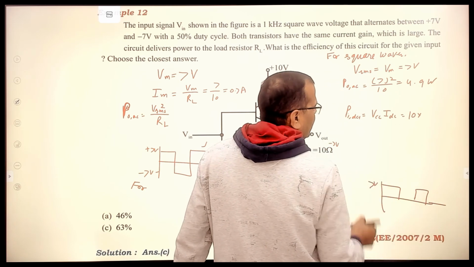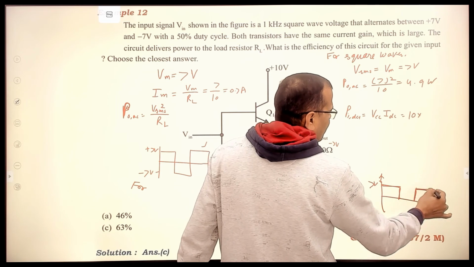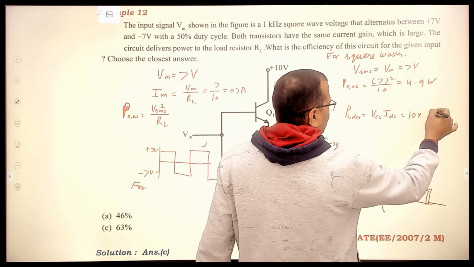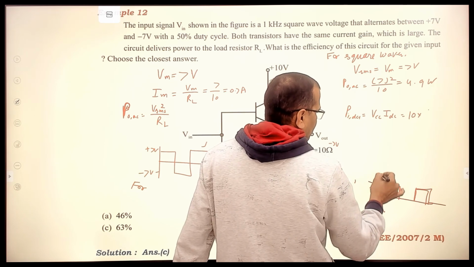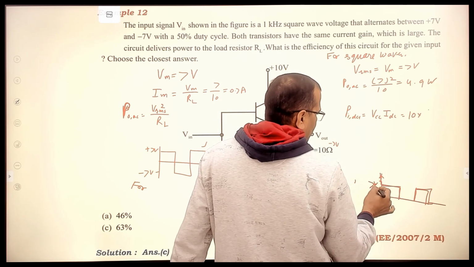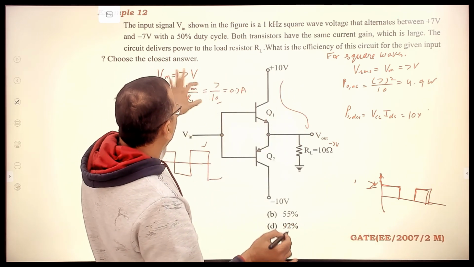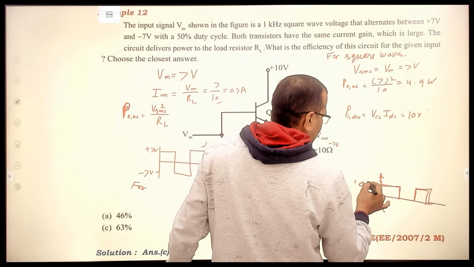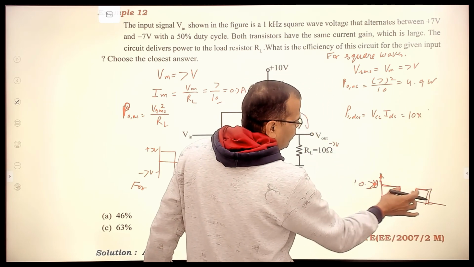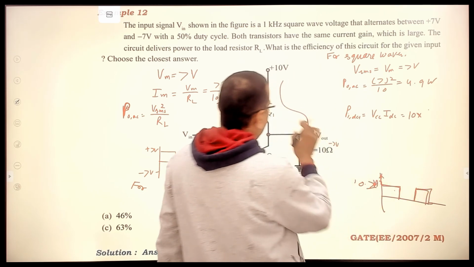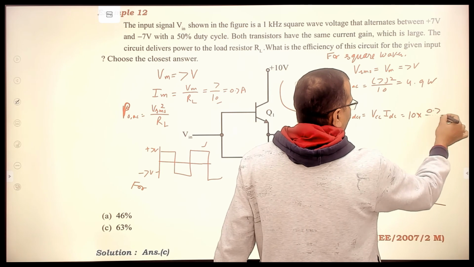This is 7 volt. Remember, when it is a square wave but only available for the positive half cycle, this is the peak value of the voltage, or if it was current, this is 7 by how much? The peak value of the current is 0.7 ampere. So this will be the peak value divided by 2, when it is flowing only for the positive half cycle, so 0.7 by 2.